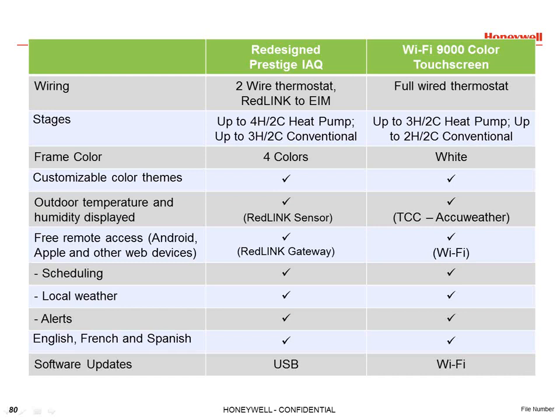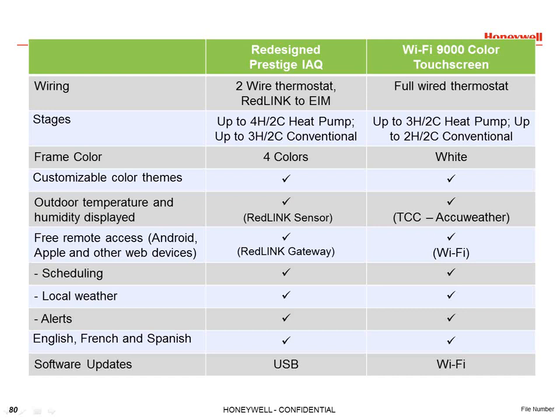You can also get a few more stages out of the Redlink thermostat. So you go 4 heat, 2 cool, which is nice for certain geothermal applications. The Wi-Fi is 3 heat, 2 cool. As far as the outside of the thermostat, with the Redlink, you're getting 4 colors. With Wi-Fi, you're getting any color you want as long as it's white.